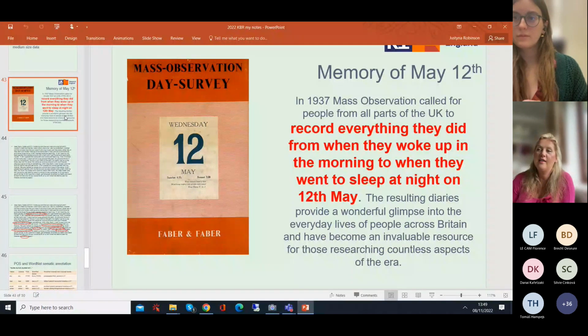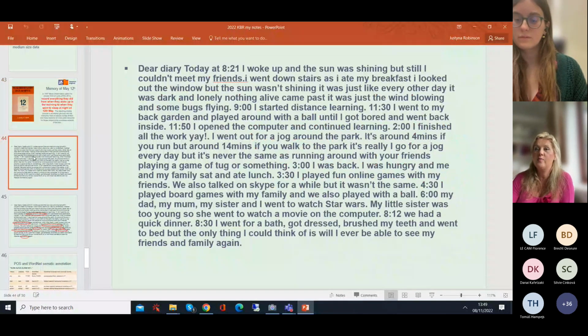They collected this data for many years, and they basically asked people to record everything they did from when they woke up in the morning to when they went to sleep at night on the 12th of May. And we got a lot of those diaries from across time, but especially a lot from the COVID years, so to speak.